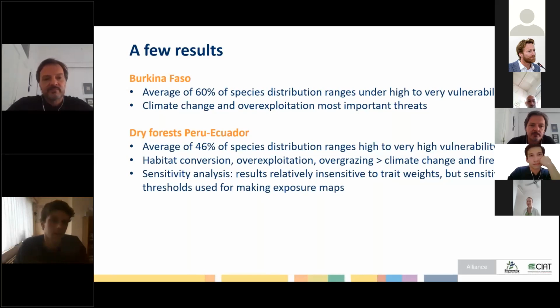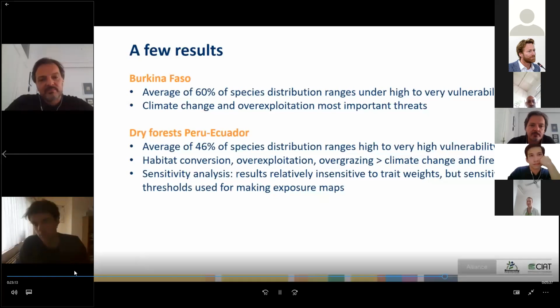And then another important finding in Burkina Faso was that climate change and overexploitation were the most important threats to tree species, while in the dry forests of Peru and Ecuador, we found that habitat conversion, overexploitation, and overgrazing were more important threats than climate change and fire.